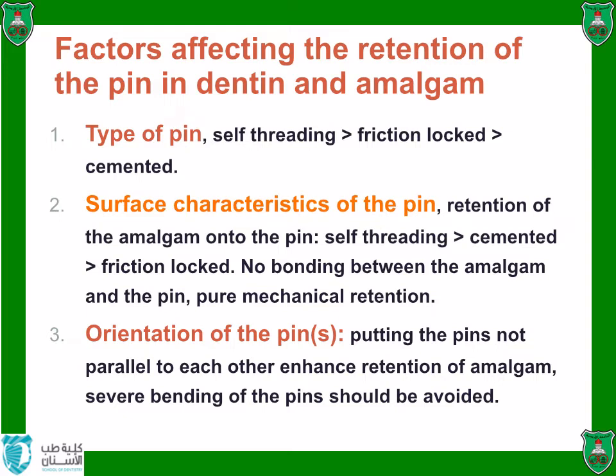It's exactly the same concept as the two opposing walls in any cavity preparation. If you want to increase the retention for amalgam, you should provide some convergence in any two opposing walls. The same applies to any two opposing pins. Try to change the orientation between them and make them more converging, not parallel to each other or diverging.